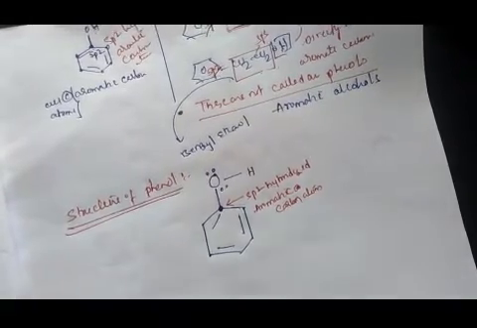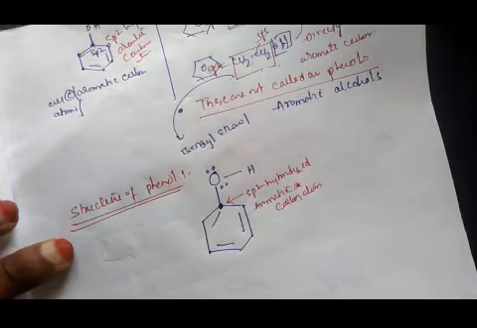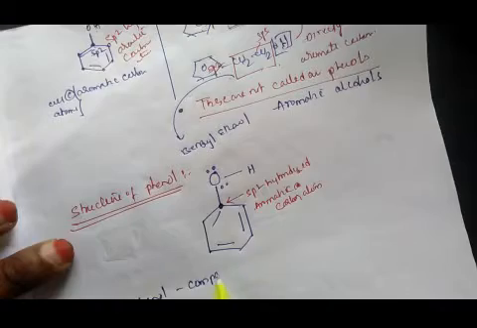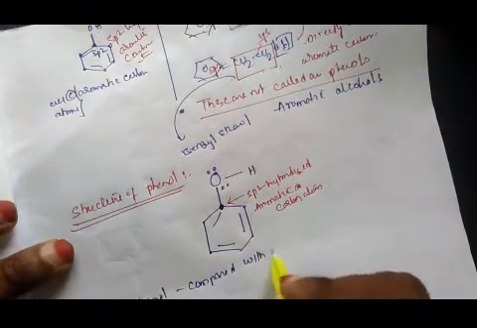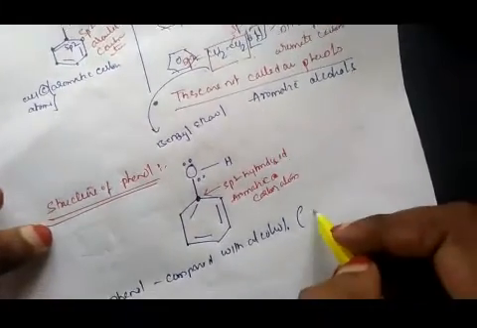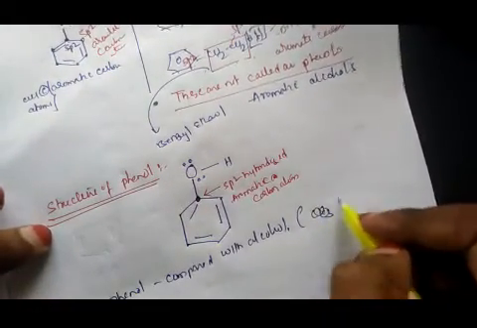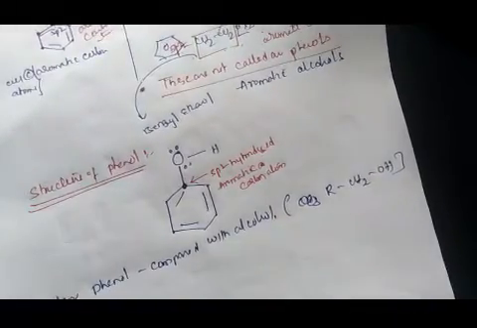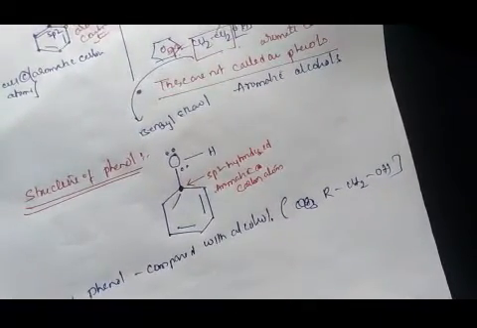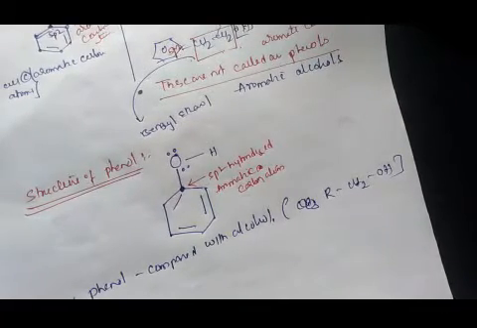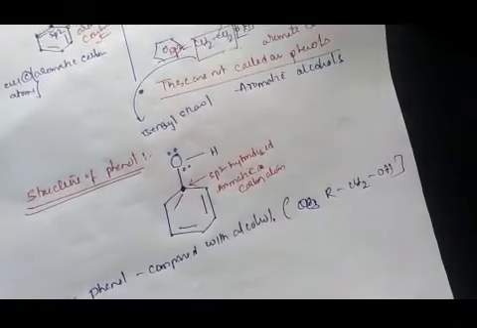When phenol is compared with alcohol, the general alcohol structure is CH3OH, CH2OH or CHOH, and so on. Phenols and alcohols seem to be similar, but they are not at all similar when we study the structure.